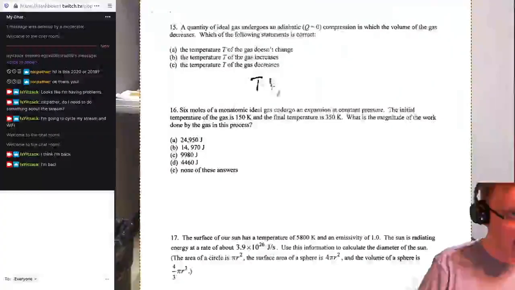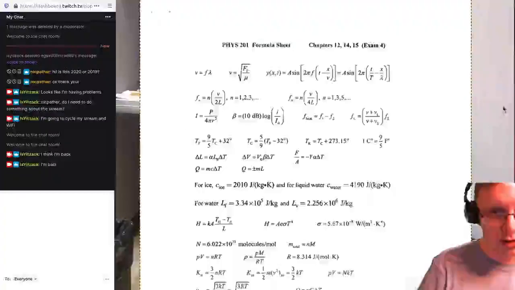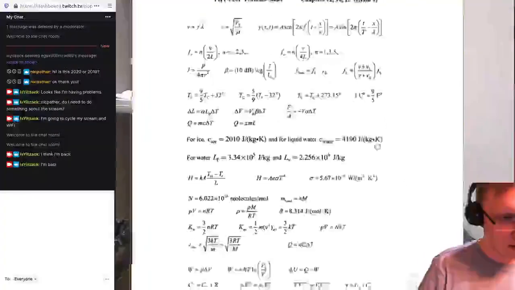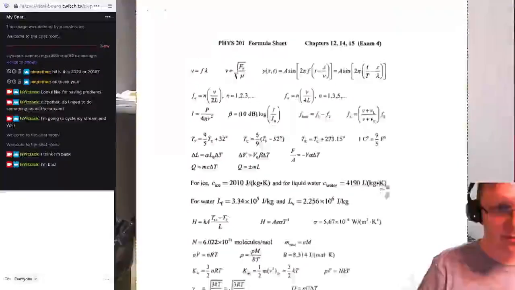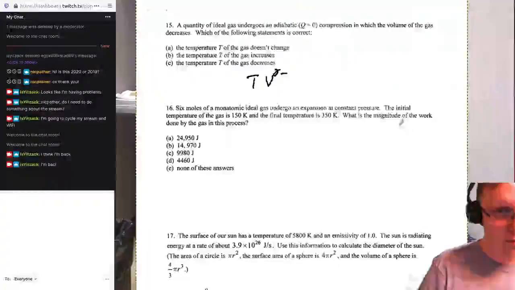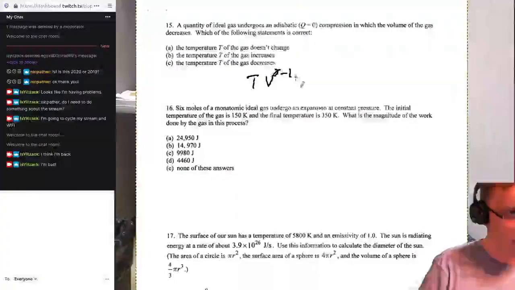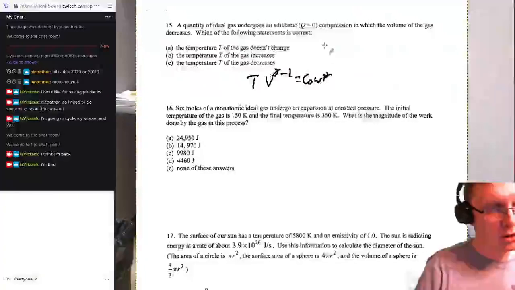We're told that T V to the gamma minus 1 is constant.